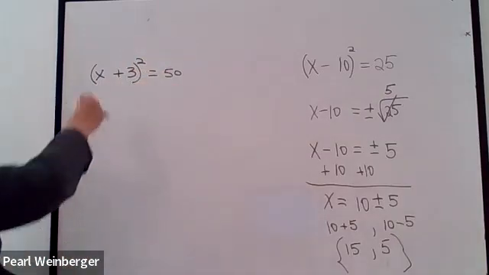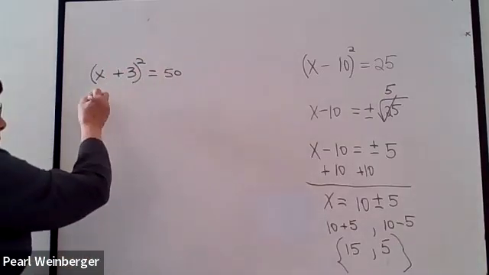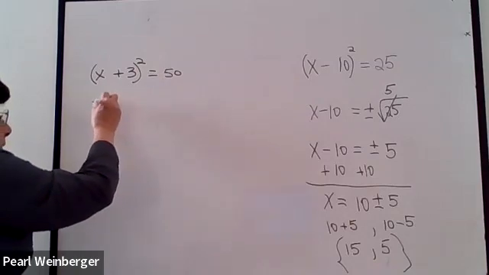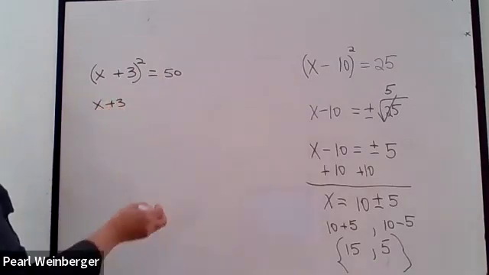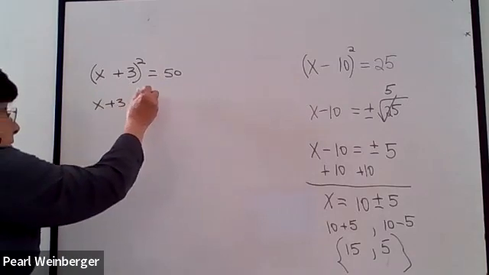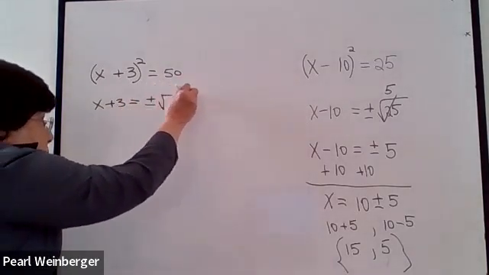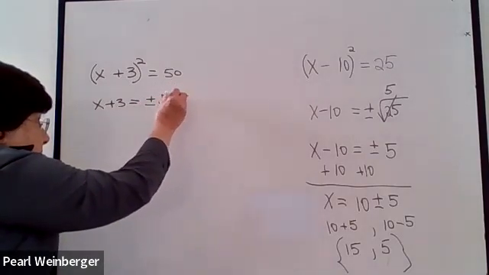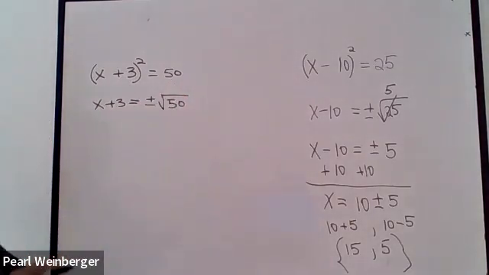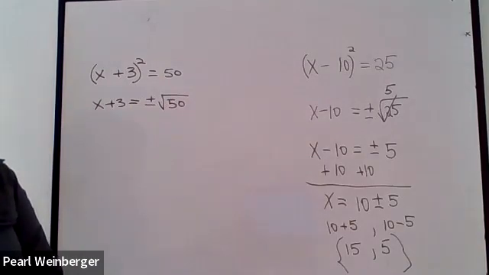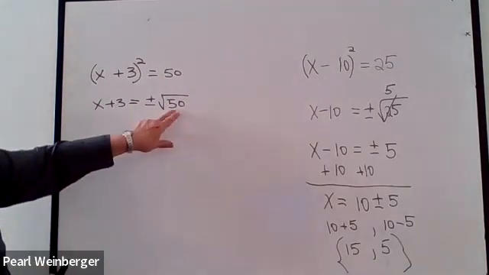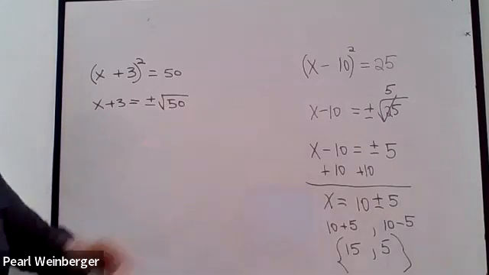So the next thing is just to get rid of the square. That'll give us x plus 3 on the left side. And on the right side, I always like to write out plus or minus the square root of whatever that number is. And the next thing I do is I ask myself, is this a perfect square?